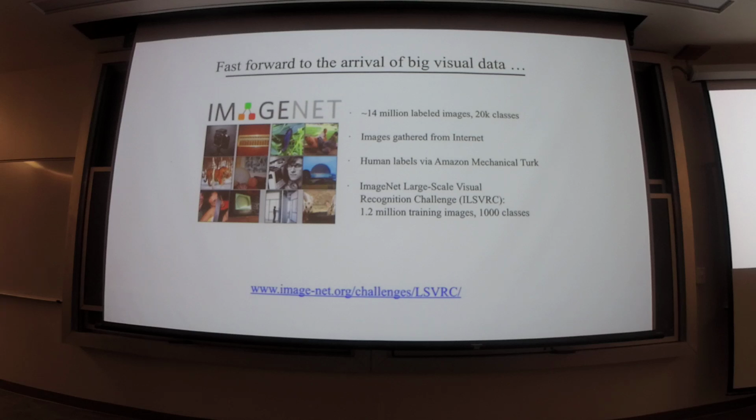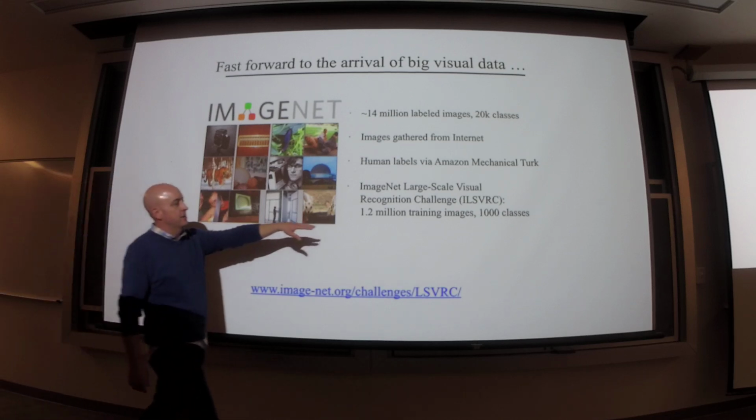There's actually a number of tasks. They kept adding labels to it, like a localization task, where they bound things in the image and say, not only tell me what object's in there, but where it is in the image.